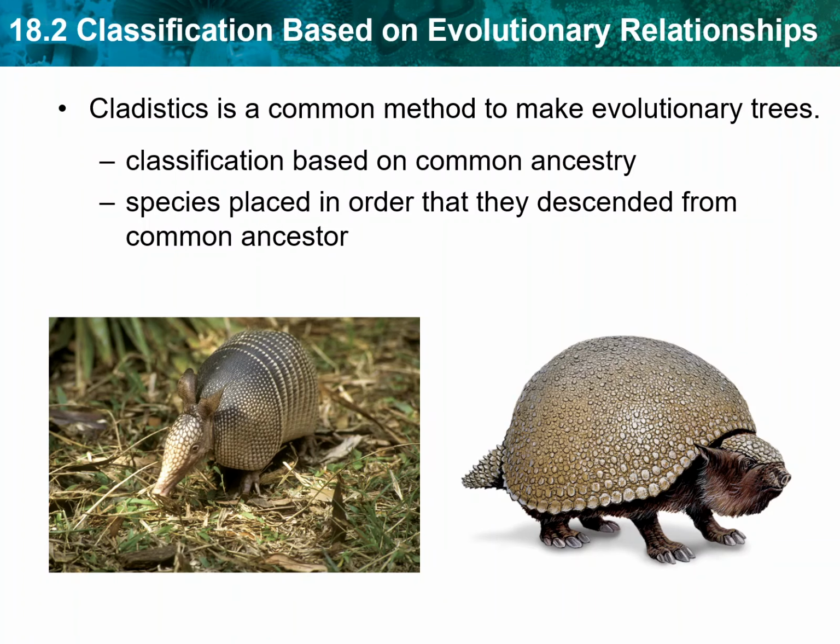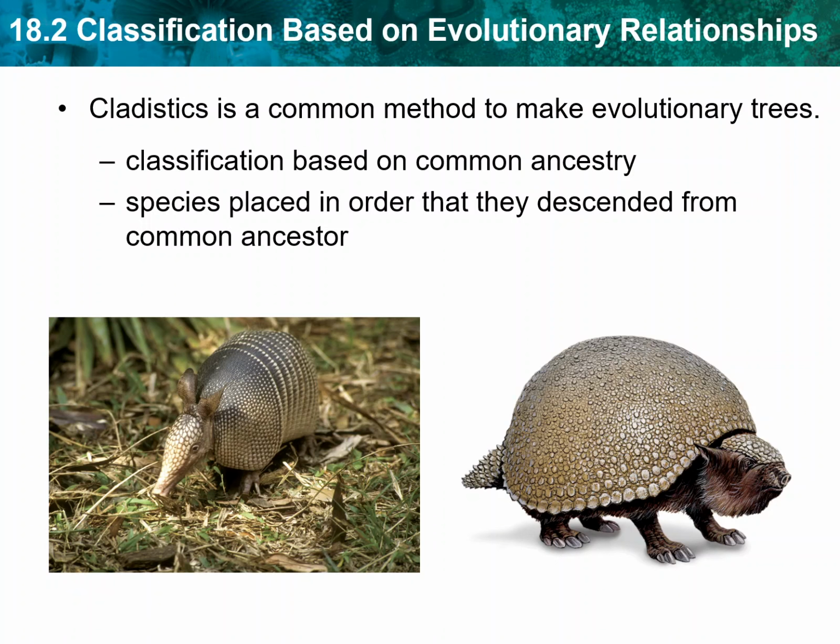The most common method used to make evolutionary trees is called cladistics. Cladistics is classification based on common ancestry. The goal of cladistics is to place species in the order in which they descended from the common ancestor. A cladogram is a diagram based on patterns of shared, derived traits that shows the evolutionary relationships between groups of organisms.